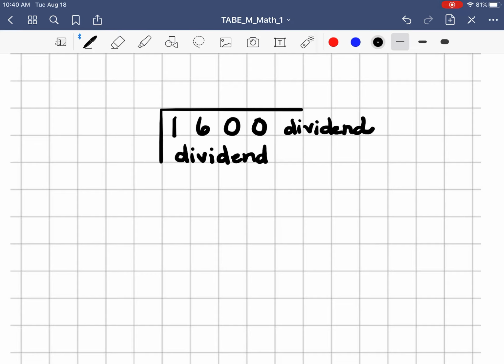Now, if you do not know your times tables, division is a little bit trickier, because division is the opposite of multiplication. So your times tables are very important here. The divisor is the 5.